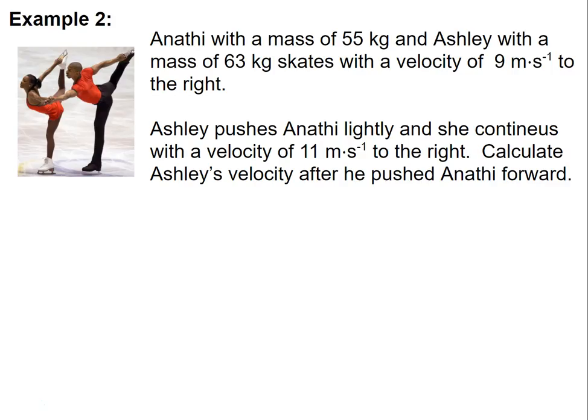Let's take another example. Anati and Ashley are moving together on ice. Then Ashley pushes Anati slightly, and she continues with a velocity of 11 meters per second to the right. And you have to calculate Ashley's velocity after he pushed Anati forward.